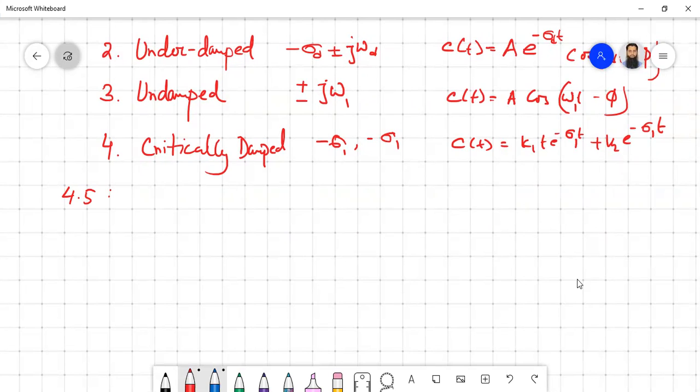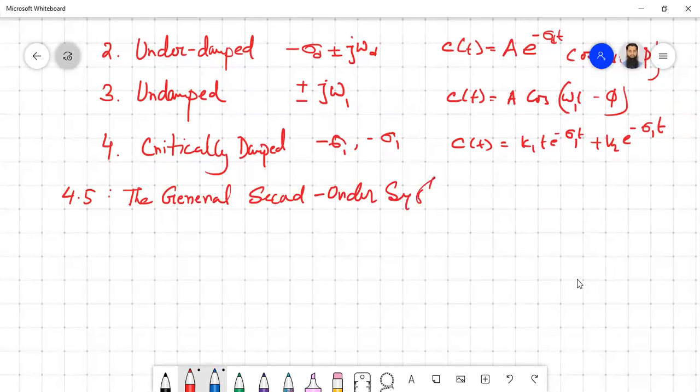Before defining that, we want two quantities for the quantitative specification of the second order system.